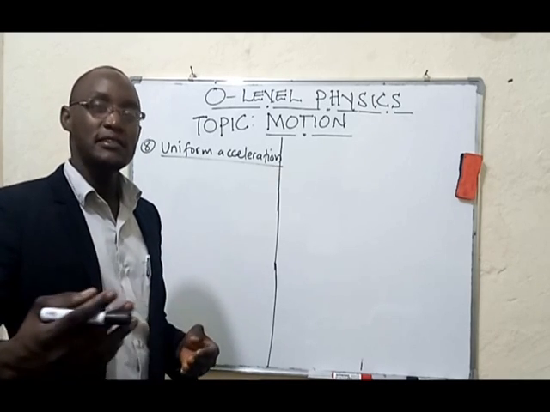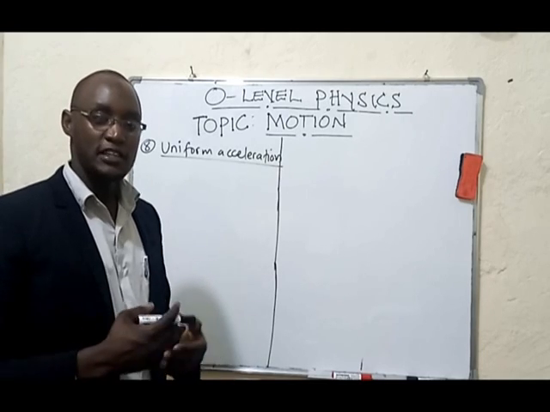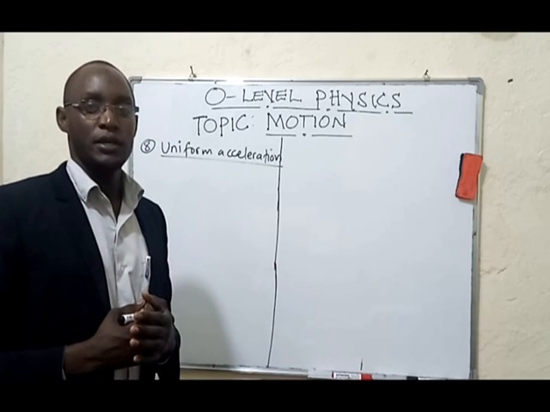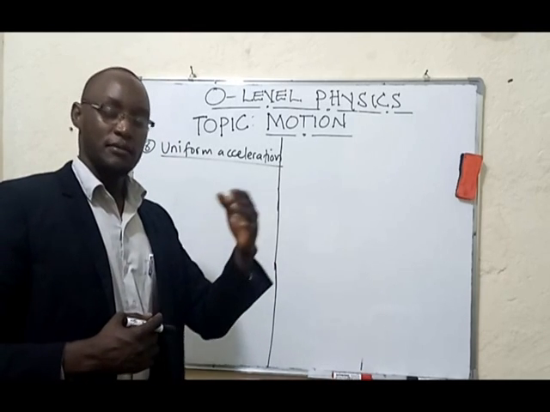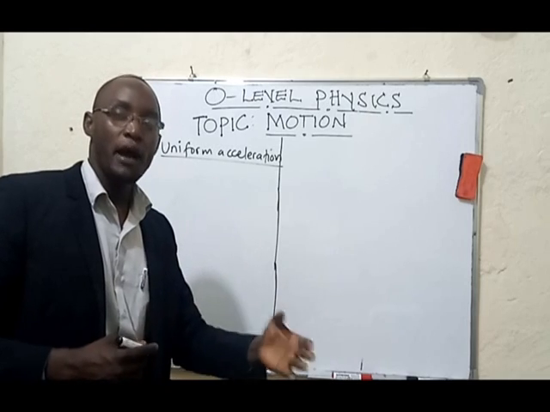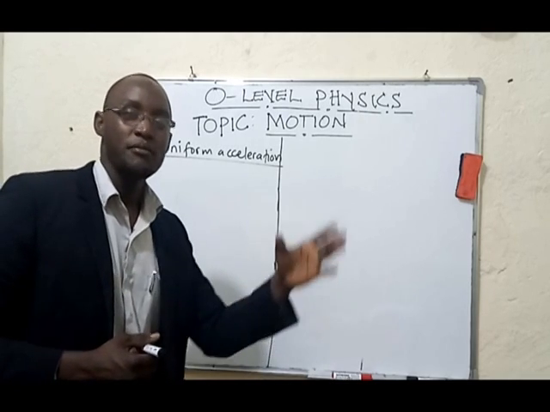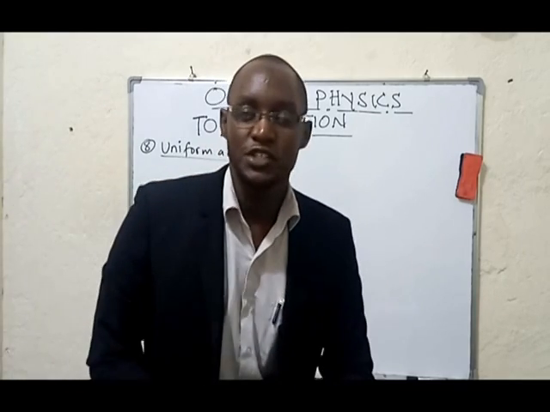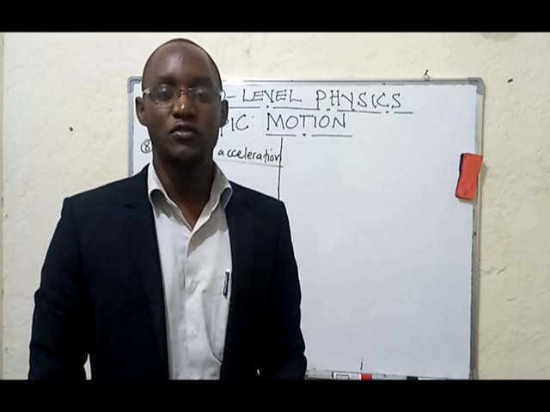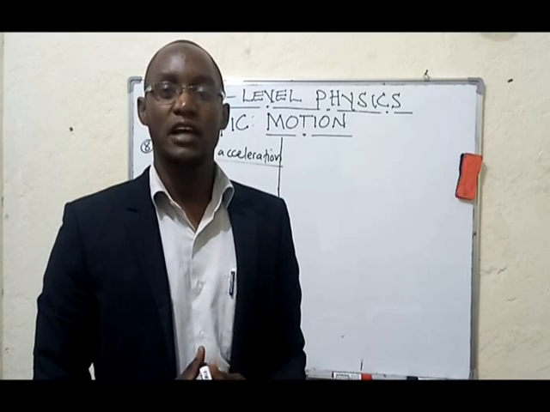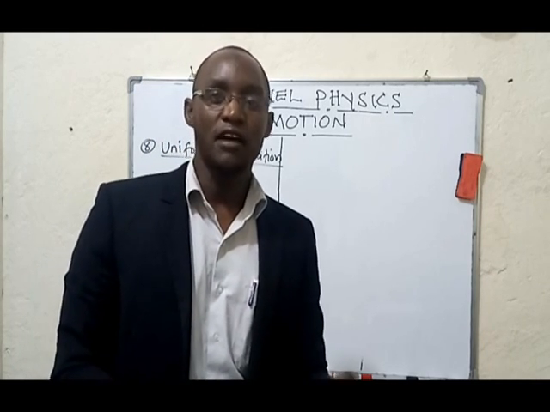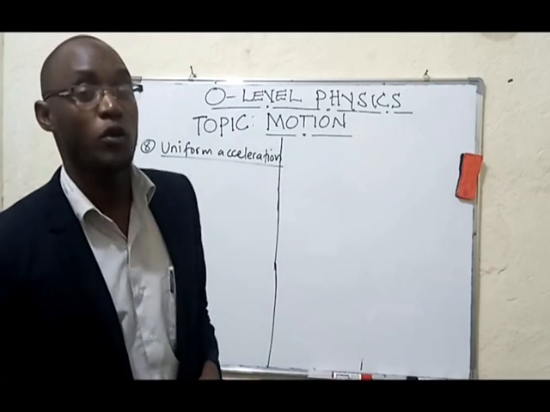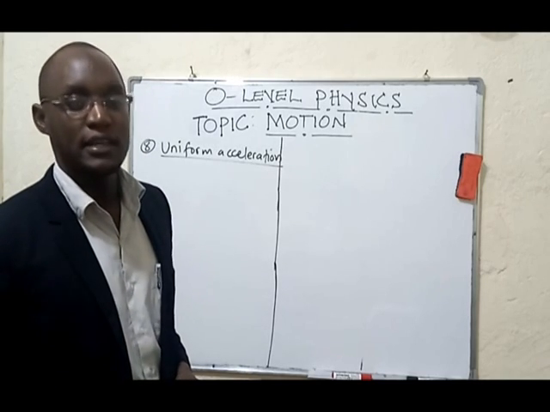The body's velocity is changing by equal magnitude in equal time intervals. So this gives a constant rate of change of velocity with time. That's what we call uniform acceleration.